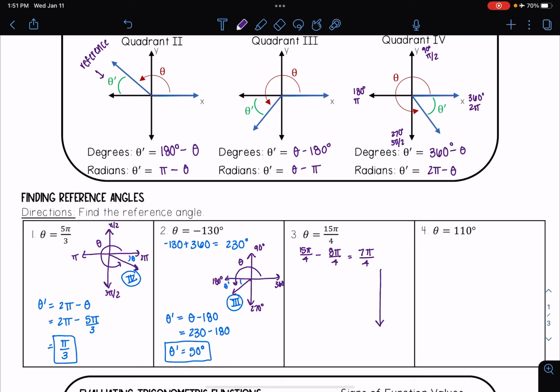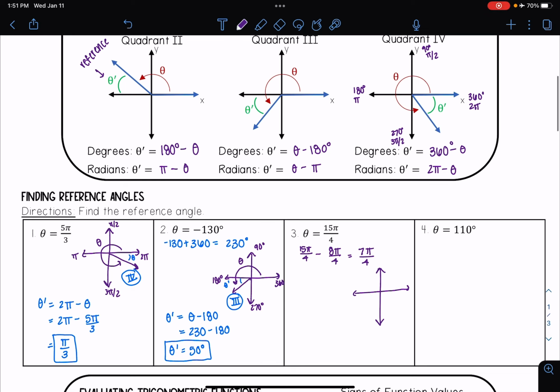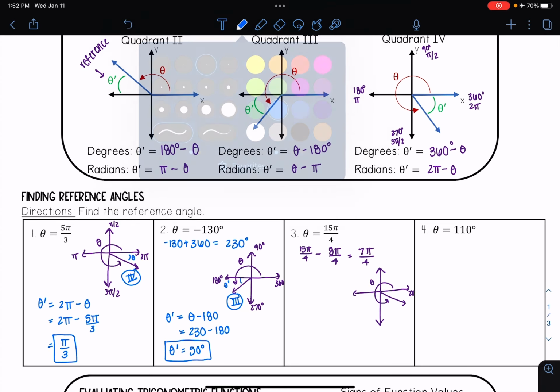Now I need to draw that angle. 7 pi over 4 is really close to 8 pi over 4, which is equal to 2 pi, so it's going to be a little bit less than 2 pi over here. I see that this angle is, again, in quadrant 4.